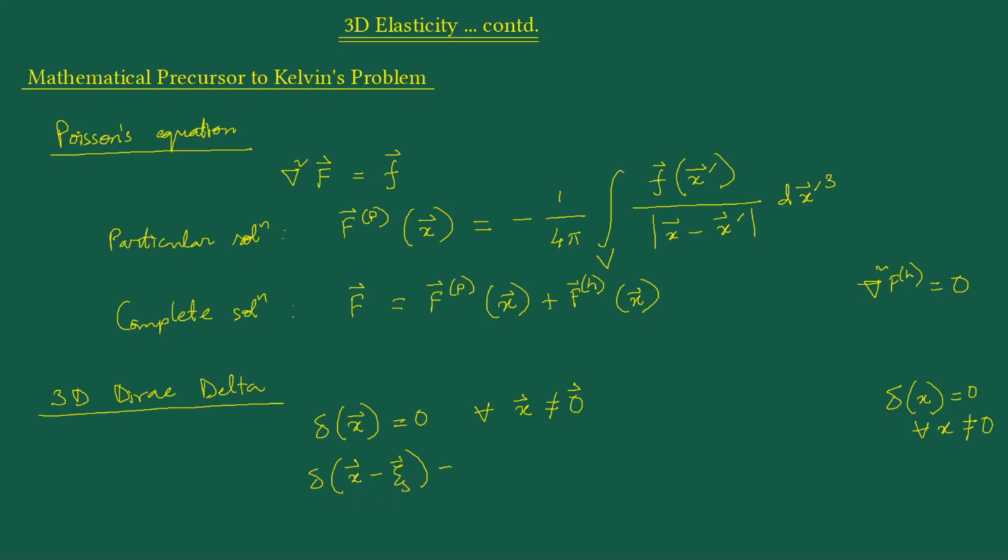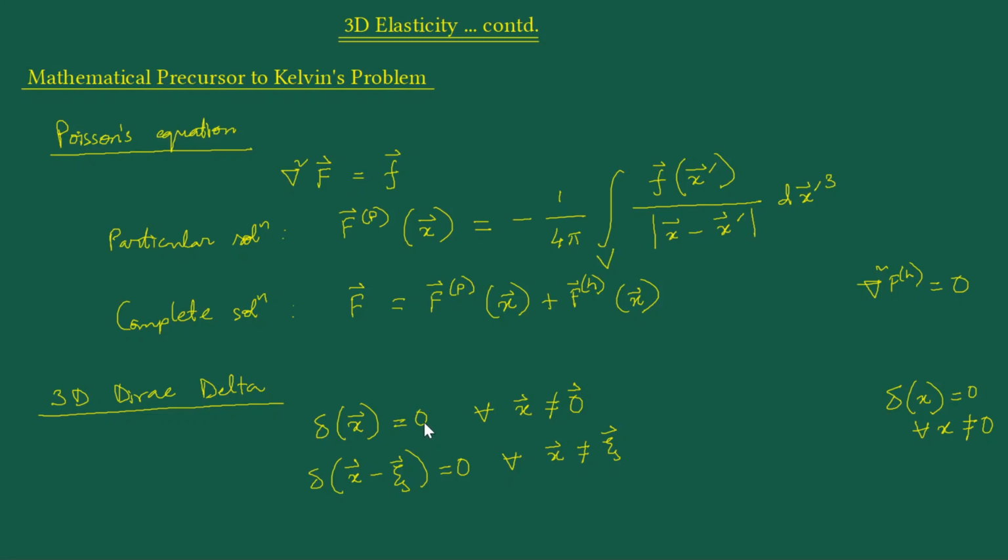In that case, this is going to be equal to 0 as long as our x is not equal to xi. You have to understand it in this fashion, and this will carry a lot of importance in our subsequent discussions. Now, these are two apparently unrelated things, but you understand that we are discussing these as mathematical precursors to the Kelvin's problem.